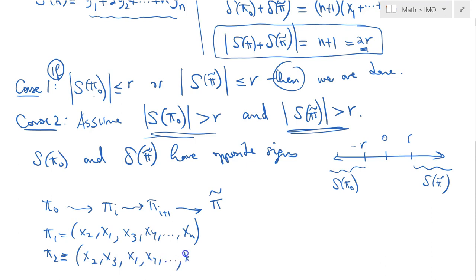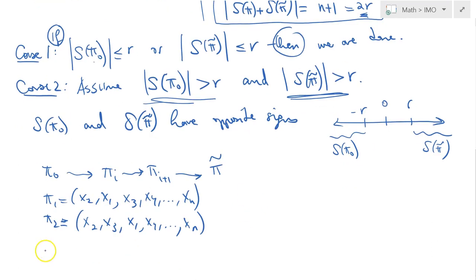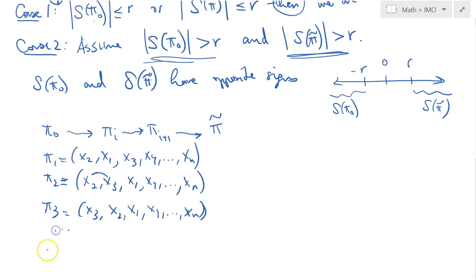I'm just interchanging two neighboring terms, and I continually do that. For instance, if I find pi 3, I'll get x1, x3, x2, x4, and so on, xn, this time interchanging the second and the third. I think it's quite believable that if you keep proceeding in this fashion, you should eventually be able to reach the reverse permutation, xn all the way to x1.